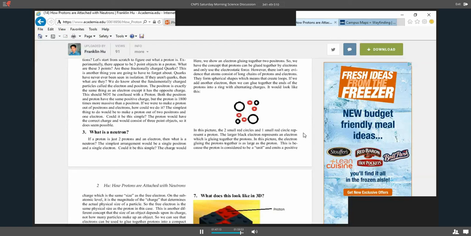The radical new idea I'm introducing here is that the nucleus contains both positive and negative charges in a perfectly balanced checkerboard format: positive, negative, positive, negative. If you do that, then you can explain why the nucleus stays together without using a strong force.